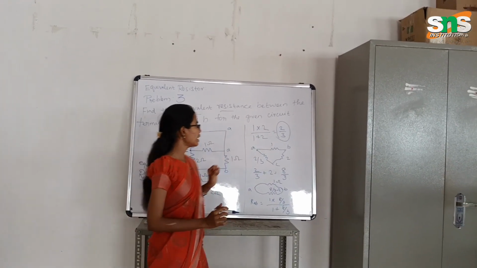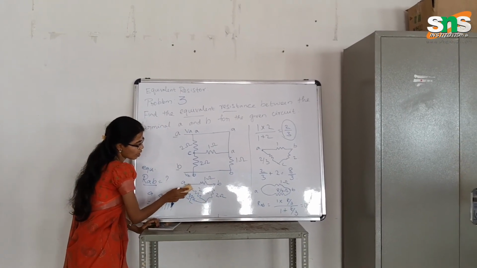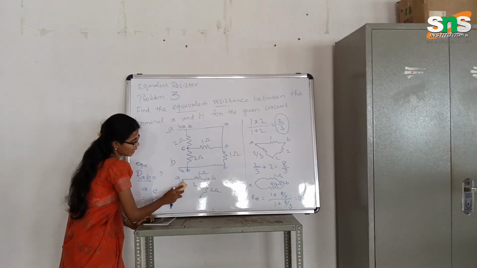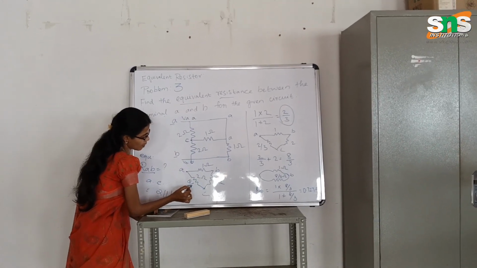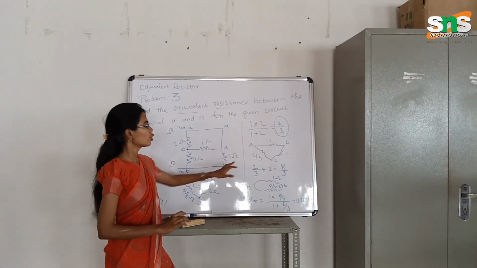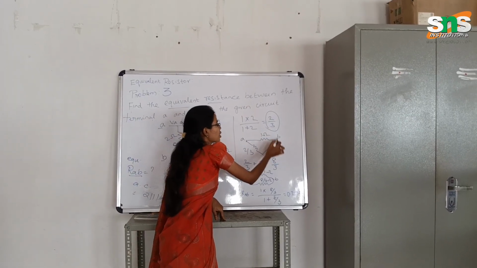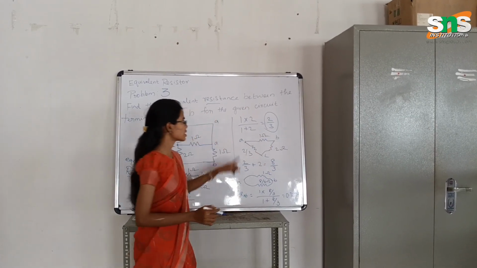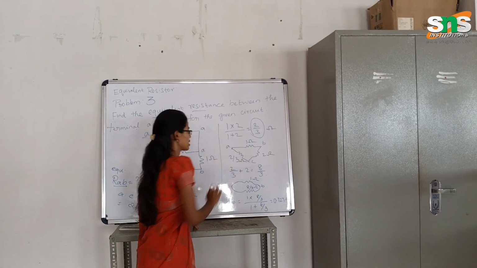After solving this parallel, we get the resistance value of 2 by 3 ohms. So I redrew this as 2 by 3 ohms, and from A to B terminal we have 1 ohm resistance. B to C we have a 2 ohm resistance, and A to C we get 2 by 3 ohms resistance.